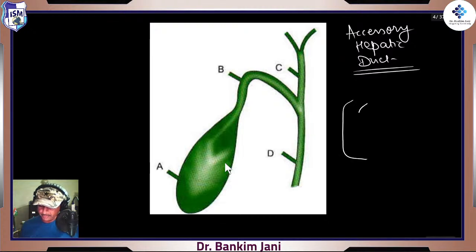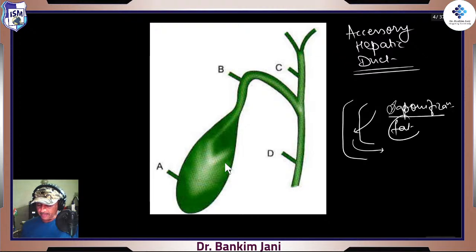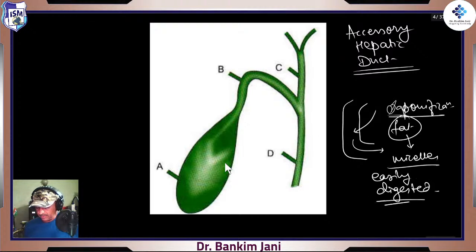And that's from where it leads to the process of saponification, that is the breakdown of large fat globules into smaller micelles, and these are then easily digestible. They are easily digested in the course beyond D2, right?